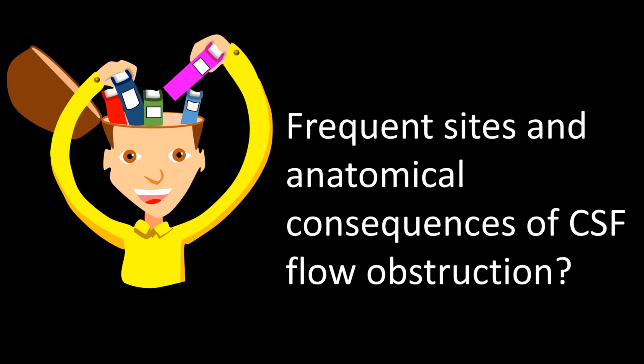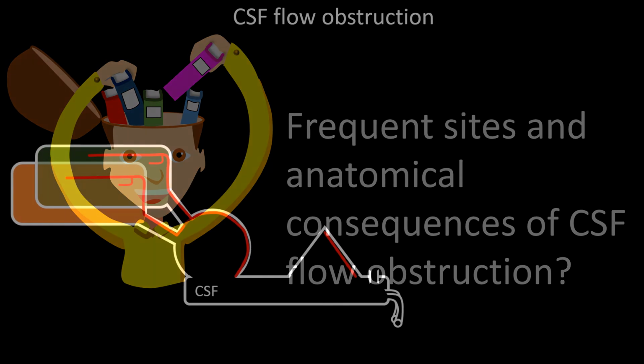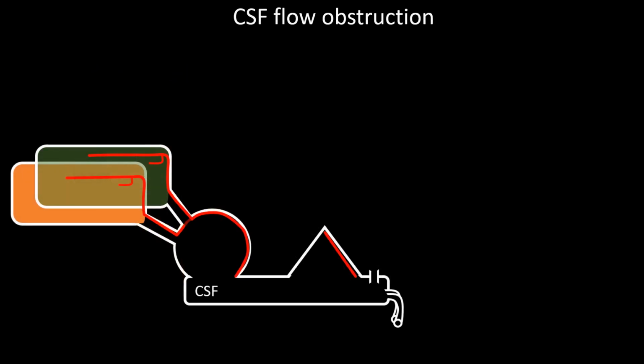We will finish this talk by talking about frequent sites and anatomical consequences of CSF obstructions. I hope you have a clear understanding of this diagram because I will use it for this section.